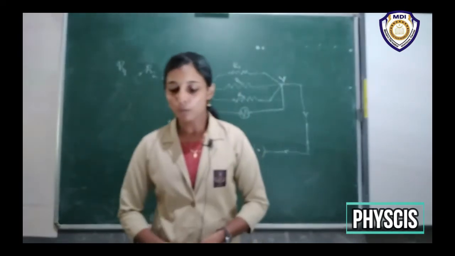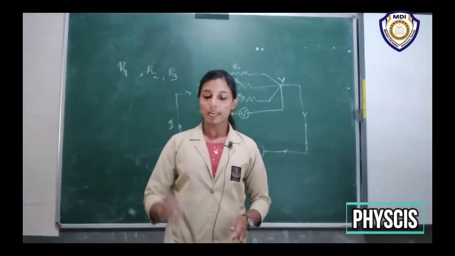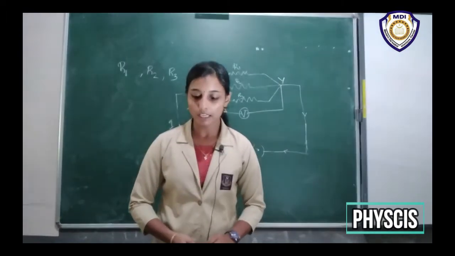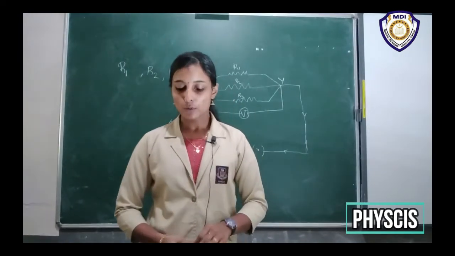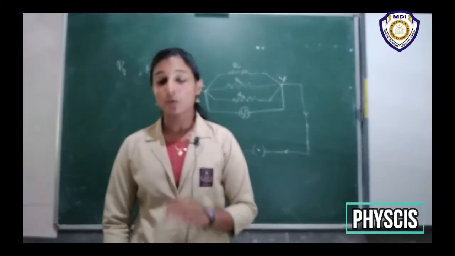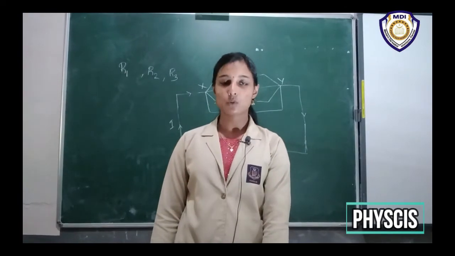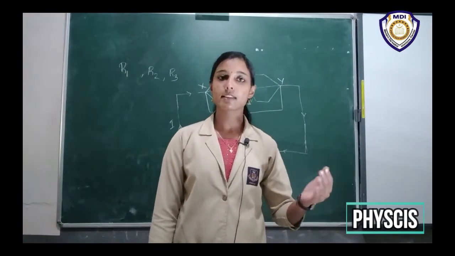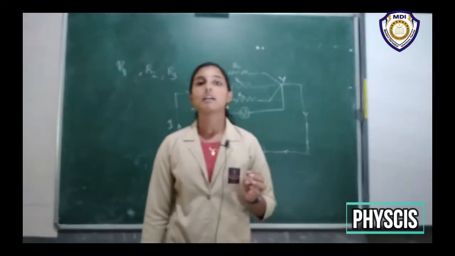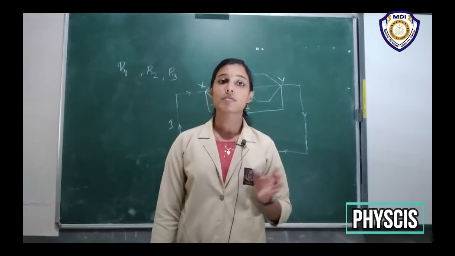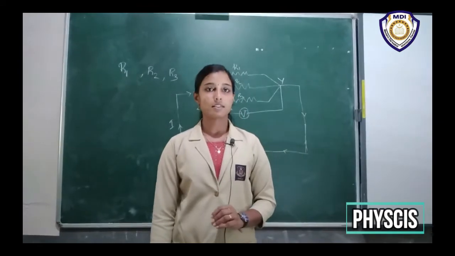Okay. So when two or more resistors are connected in parallel, what happens to the current? The current in the circuit is the sum of the currents flowing through each branch of the circuit. When we discussed the series connection, the same current was flowing through all the resistors, right?